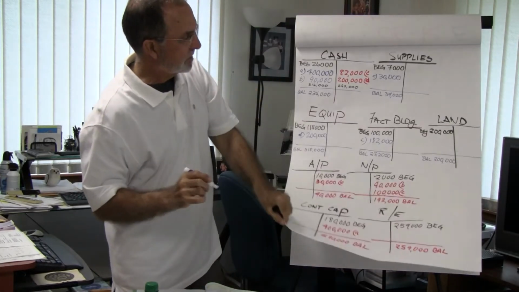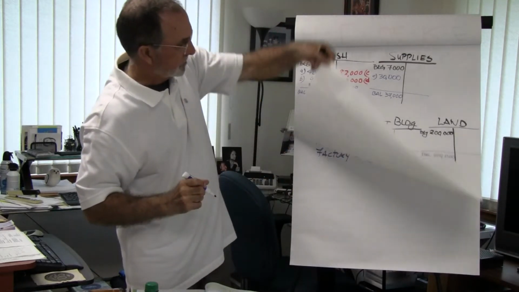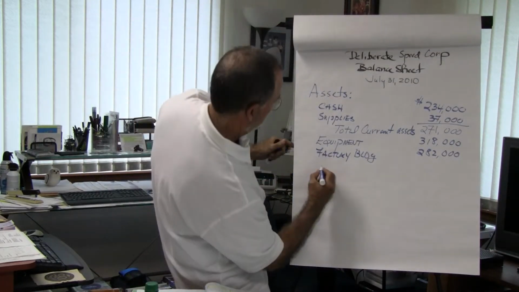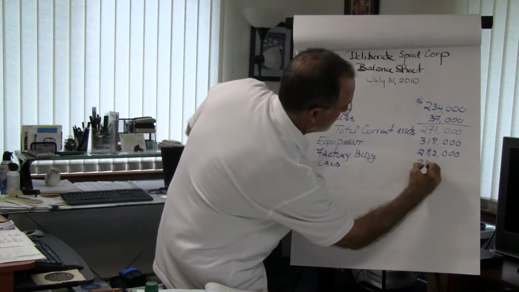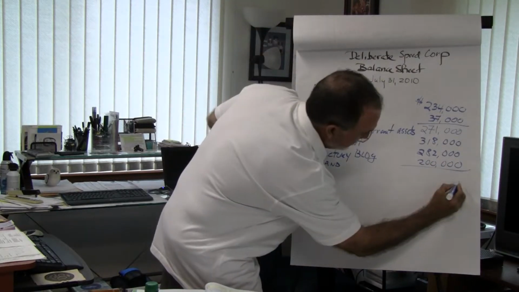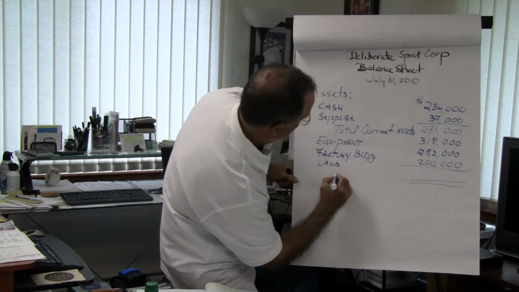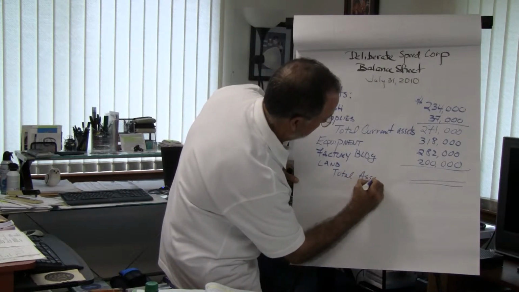And finally, our land account balance is $200,000. At that point, we want our total assets.